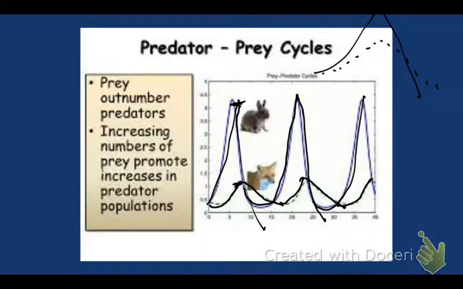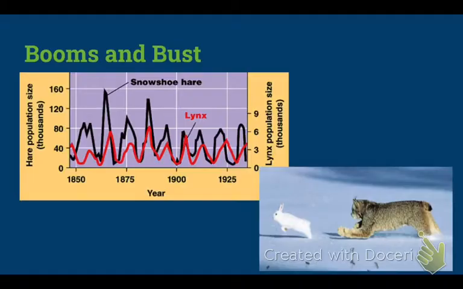And so you get this up, down, up, down, up, down growth. So the predator is going to limit how many prey I have, and then the amount of prey I have will therefore limit the amount of predator that I can have. So they keep each other in a checks and balance system, preventing one from being able to take over that particular ecosystem. And that's what we call boom and bust.